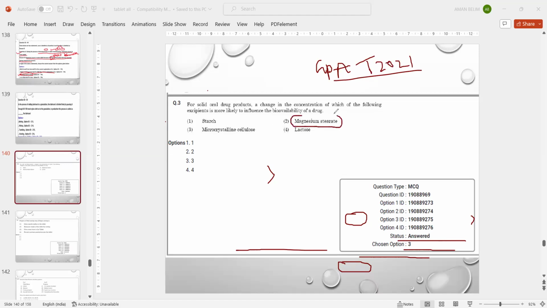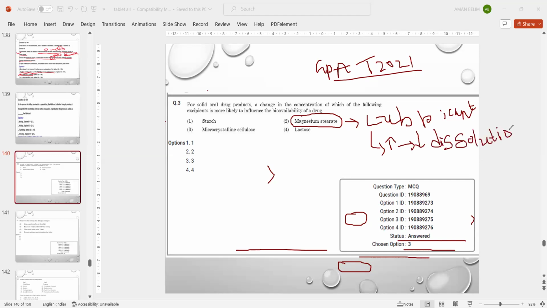It's magnesium stearate. Why? Because magnesium stearate acts as a lubricant, and if you increase the amount of lubricant, it will decrease the dissolution. If the dissolution decreases, it will ultimately decrease the absorption, and as the absorption decreases, it reduces the bioavailability of the product.